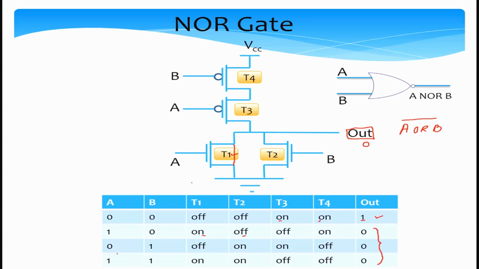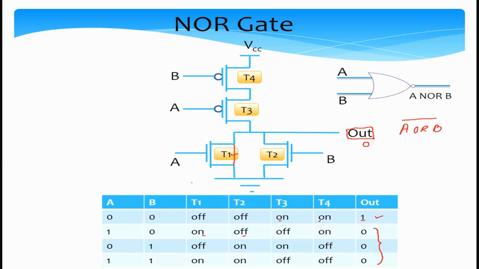Similarly, we can consider the other pair. It's an absolutely symmetric argument here for 0, 1. When A is 0 and B is 1, T1 is off, T2 is on, T3 is on, and T4 is off. The important point to note is that in the T3, T4 pair, T4 is off.